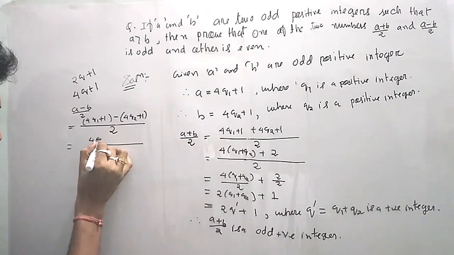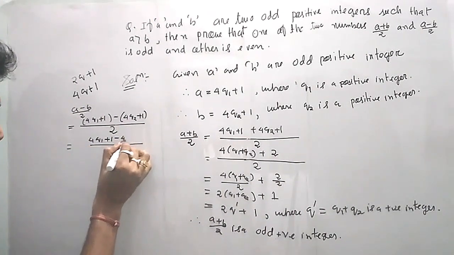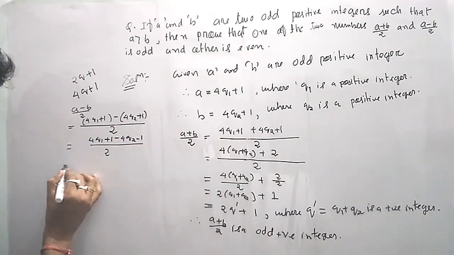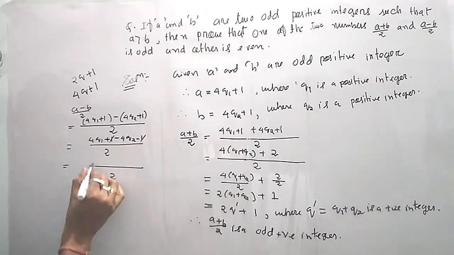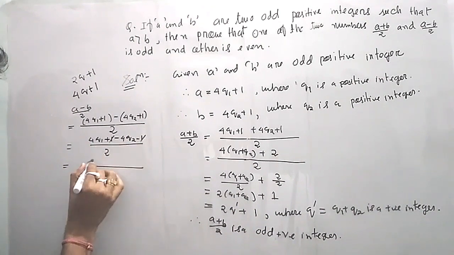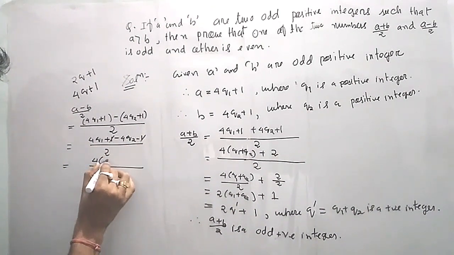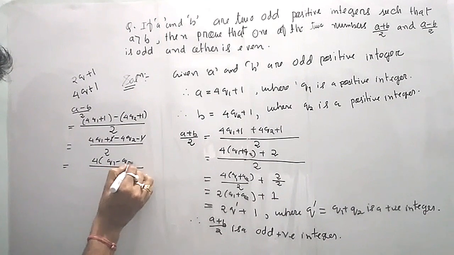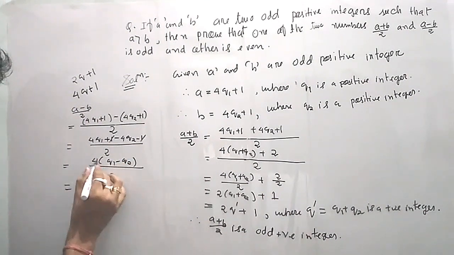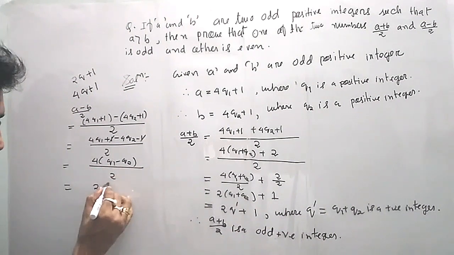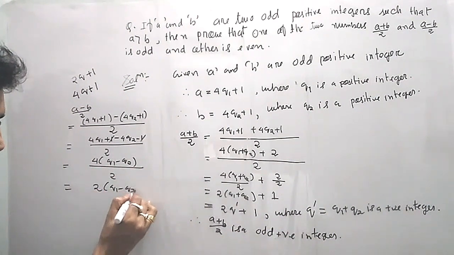So 4q1 plus 1 minus 4q2 minus 1. Here 1 and minus 1 you can cancel. So 4q1 minus 4q2, you can take 4 common. So 4 into (q1 minus q2) divided by 2. So you can cancel, and it becomes 2(q1 minus q2).